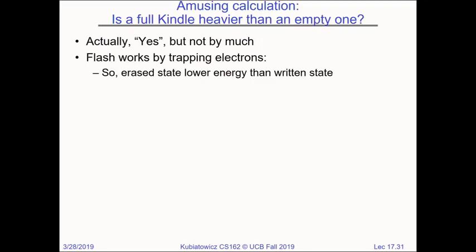So flash, as I mentioned, works by trapping electrons. You've got a floating gate, and if you put electrons on there, you get 1 bit, and if you get no floating electrons, you get none. So there's actually an argument that the erased state is lower energy than the written state.